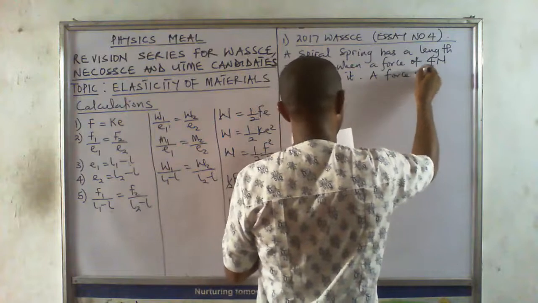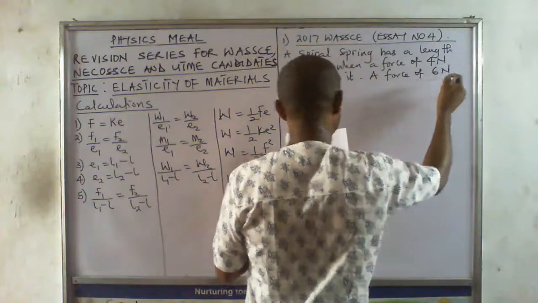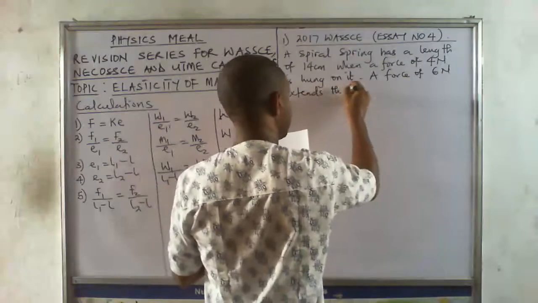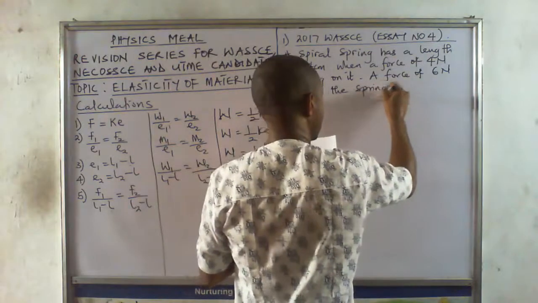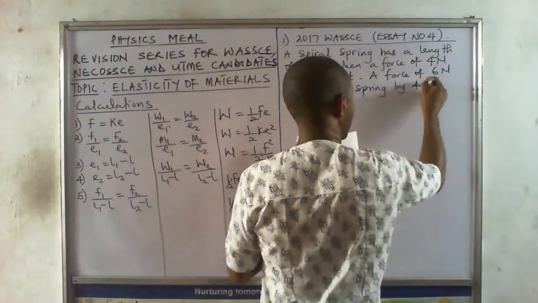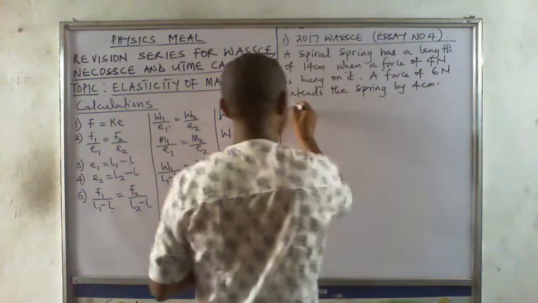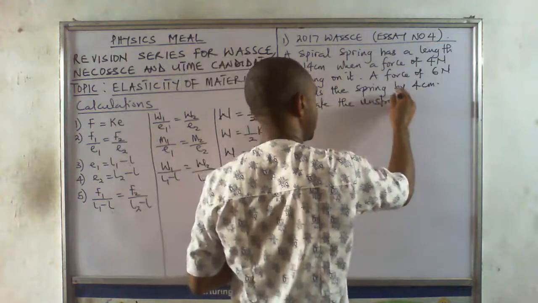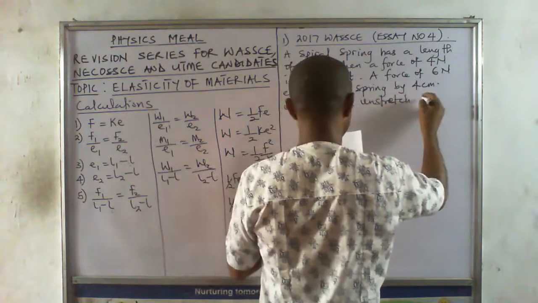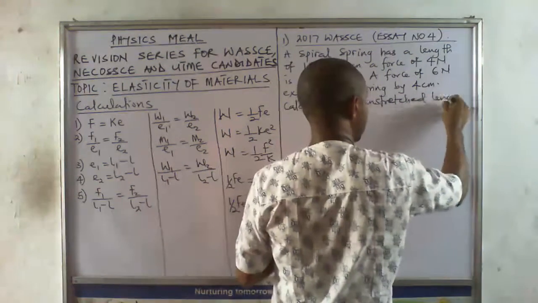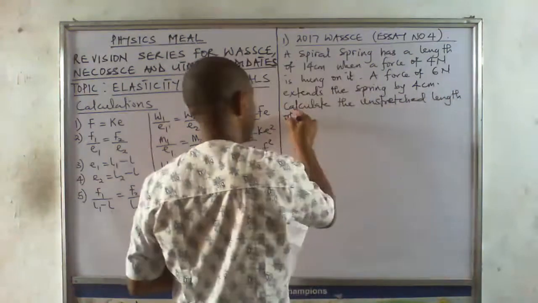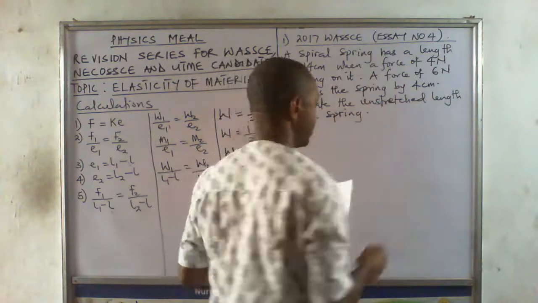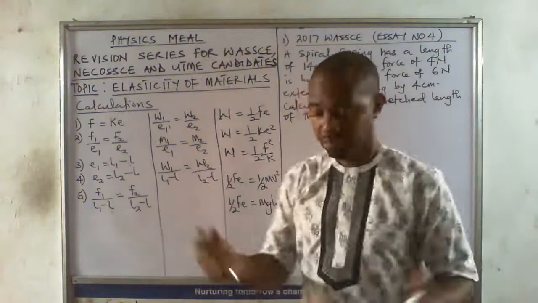A force of 6 Newton extends the spring by 4 cm. Calculate the unstretched length of the spring.